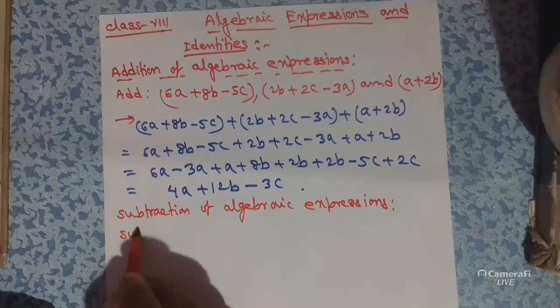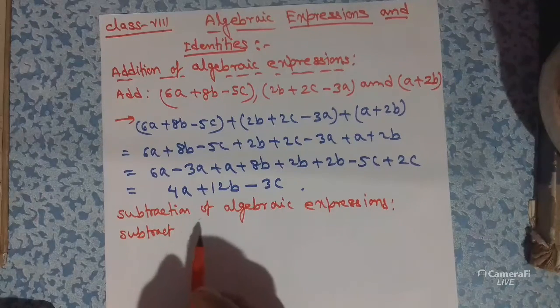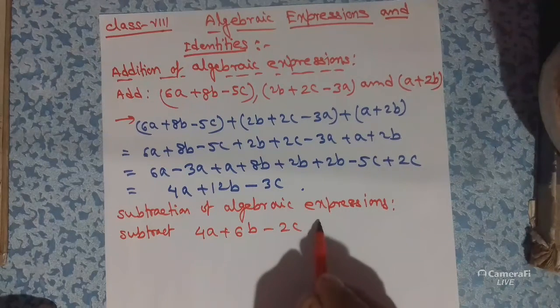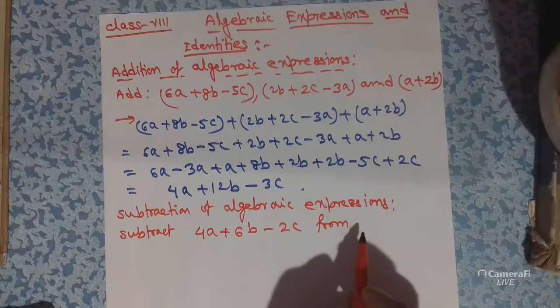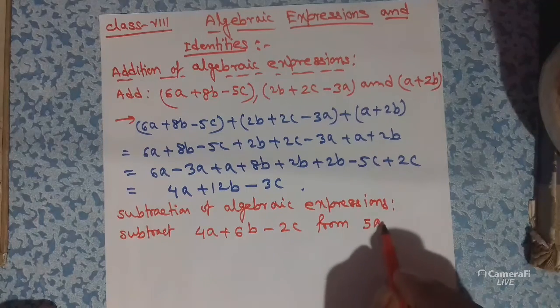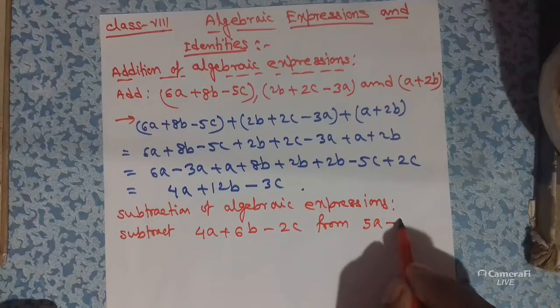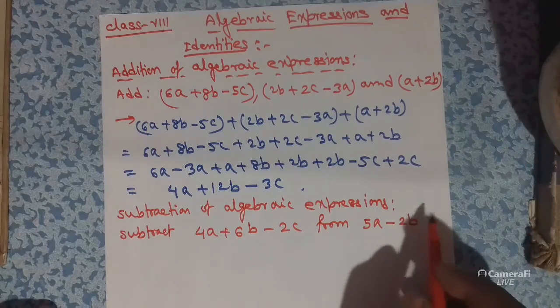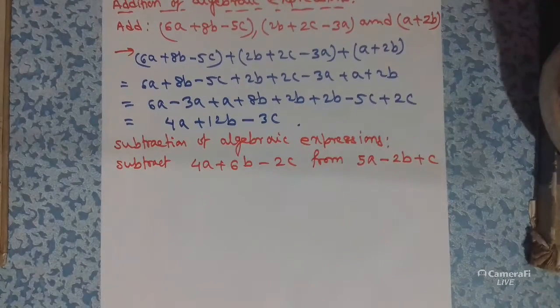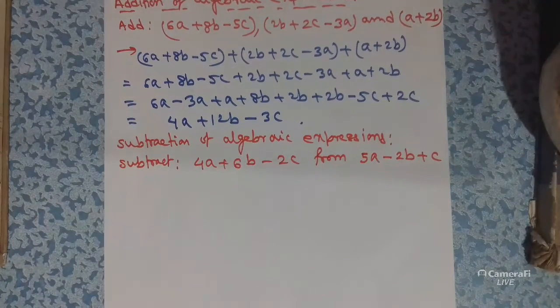Subtract 4a plus 6b minus 2c from 5a minus 2b plus c. So the problem is: subtract 4a plus 6b minus 2c from 5a minus 2b plus c.